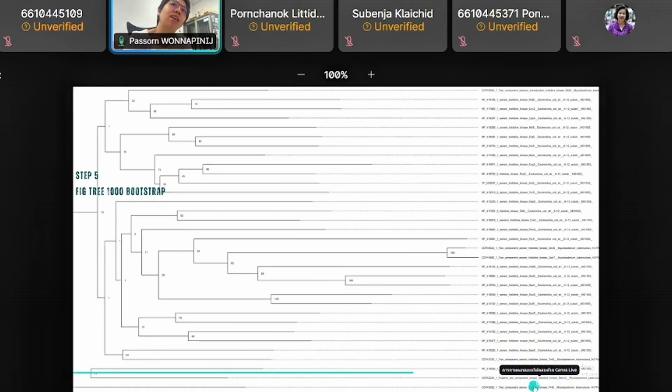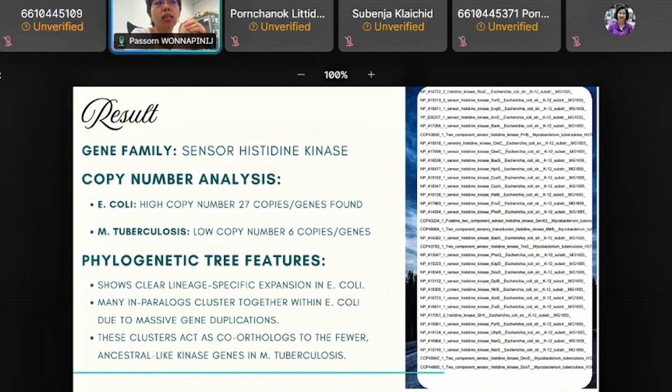So I don't agree with your conclusion. If you're going to show the lineage specific expansion, what I would expect to see is two big monophyletic clades, one representing all histidine kinases in E. coli, and another representing all histidine kinases in Mycobacterium.